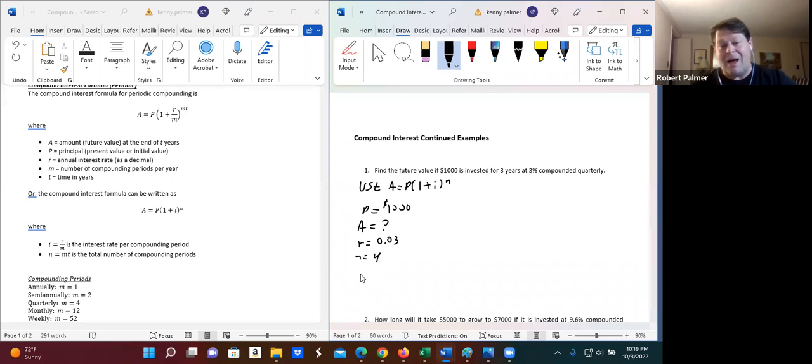Now, if you notice, I'm just going to be using the I and n here. So now I is R divided by M. So it's going to be 0.03 divided by 4. Do that on your calculator. And this will give the interest per compounding period. And also don't round this off. So this is 0.0075.